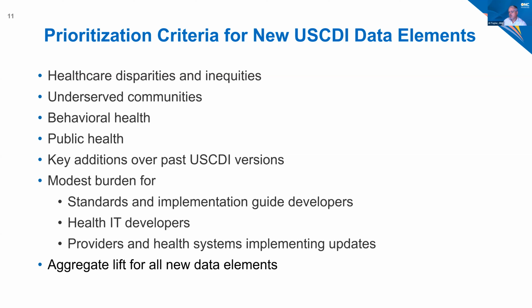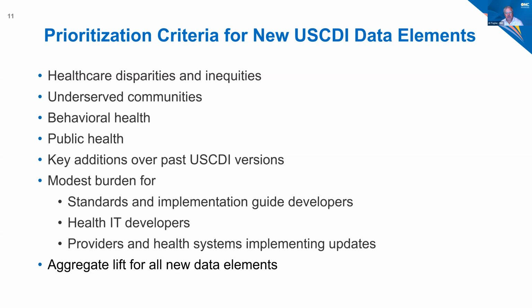I mentioned some of the reasons why we add data elements to USCDI. We've defined these prioritization criteria. The top 4 are what I consider to be policy priorities, including disparities and inequities, underserved communities, behavioral health, and public health reporting.